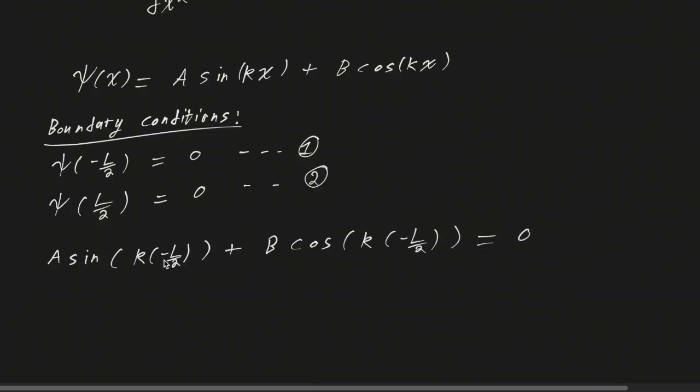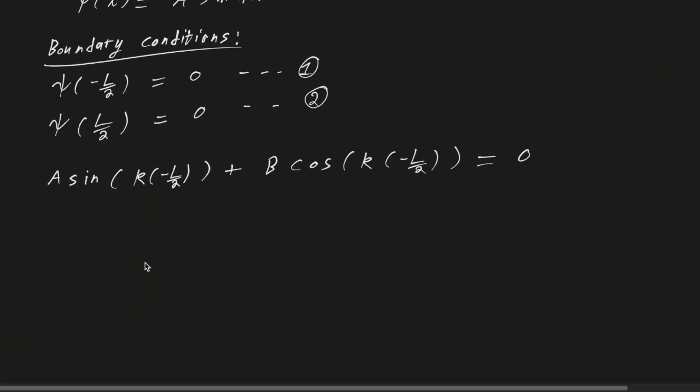But remember, the sine is an odd function and the cosine is an even function, so we'll get minus a sine k L over 2 plus b cosine k L over 2 must equal 0. That's from the first equation.